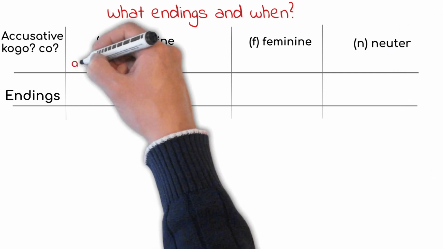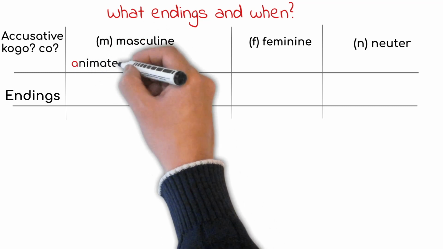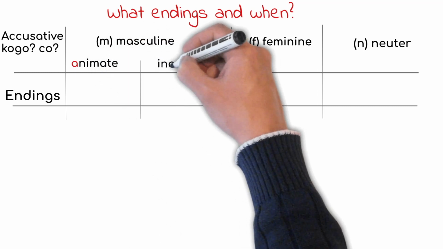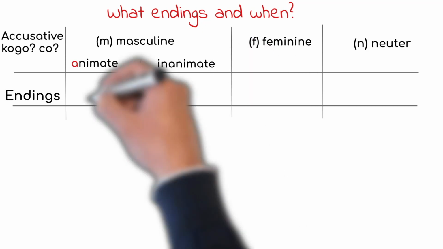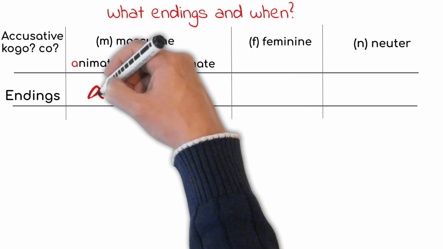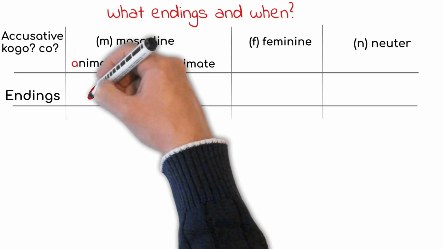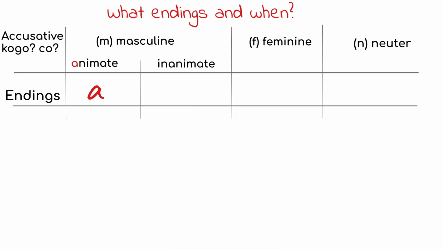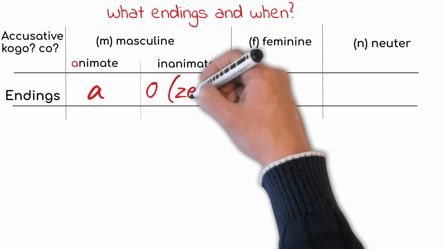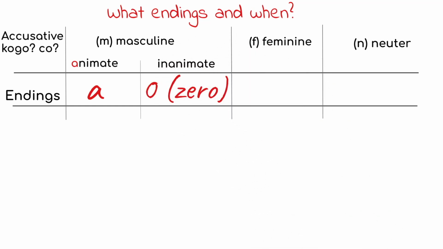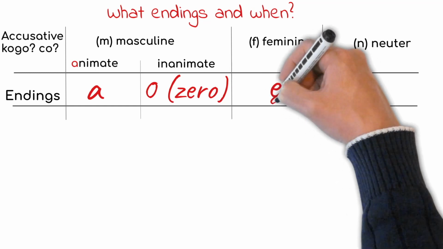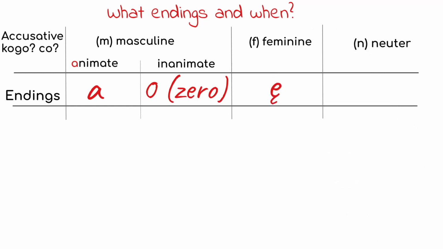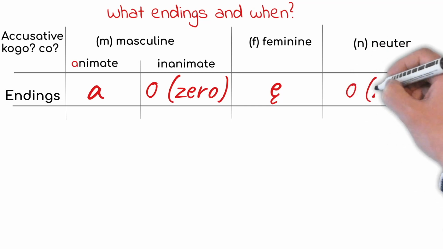The masculine nouns divide into animate, those that are living, and inanimate, the non-living. So masculine animate will take the ending a for animate. Nouns that are masculine inanimate will remain the same. The feminine nouns will take the ending ę. Neuter nouns will remain the same.